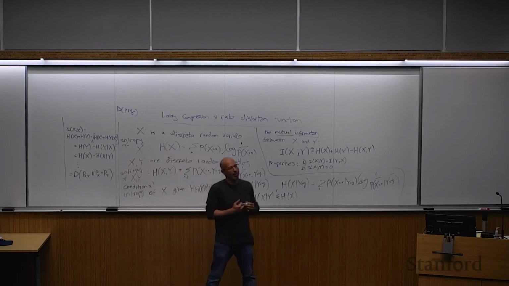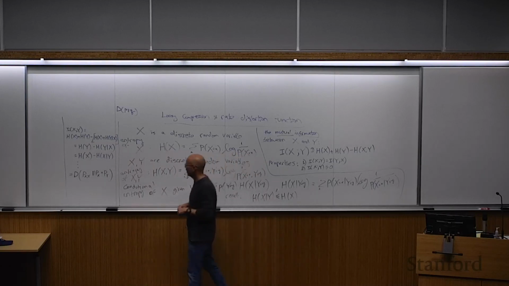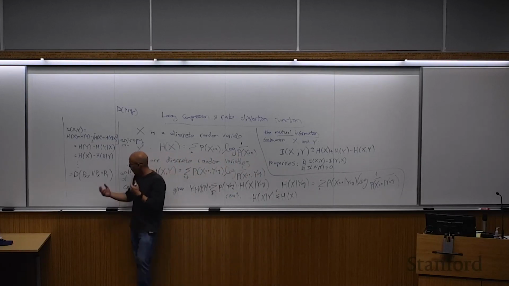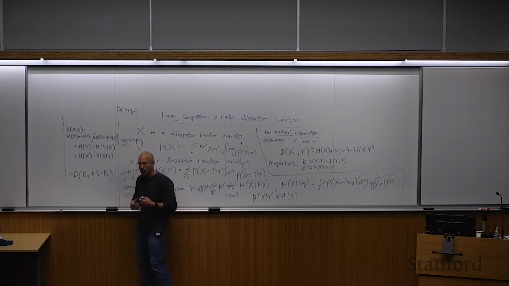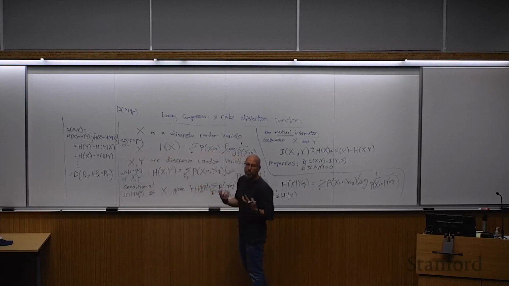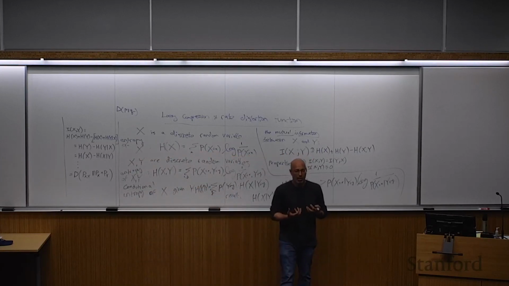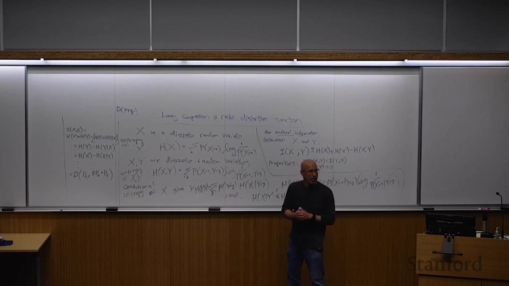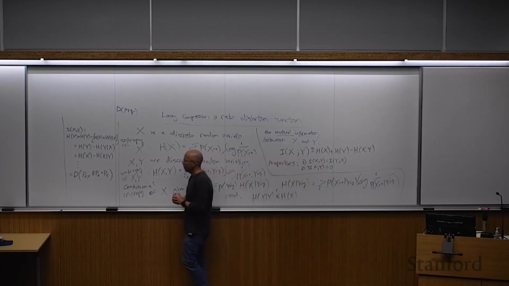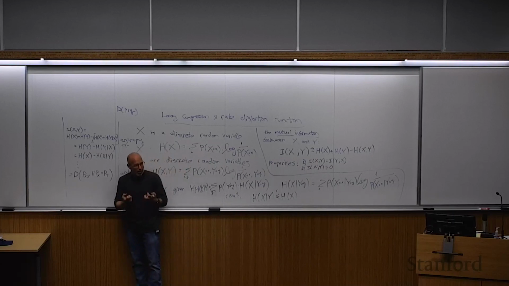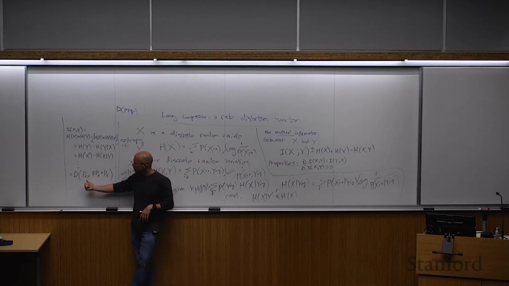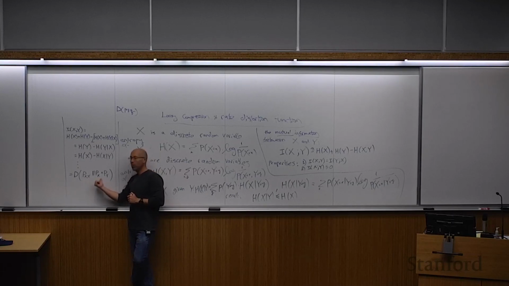And some of the reasons I like it is, number one, it gives you another, I think, intuitive sense of what mutual information is. It's a measure of the degree of dependence between the random variables, right? The more dependent they are, the farther away their joint probability mass function is from the probability mass function where they're independent.